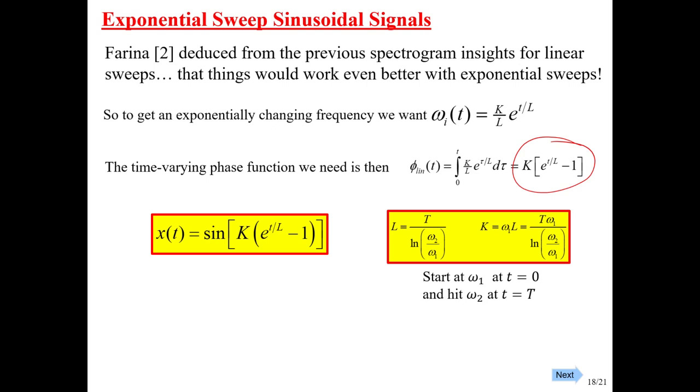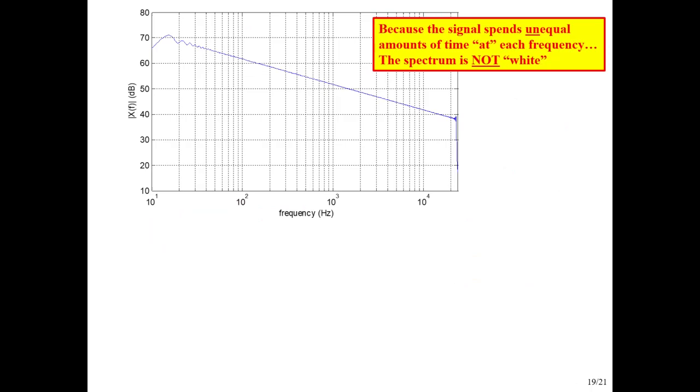So we say, I want to start at omega 1. I want to stop at omega 2 at capital T. So you plug all those things in here and you get your L and your K value. Now you put that K here and you put that L here. Generate this phase, put it inside a sine, and now you've got your exponentially swept sinusoid.